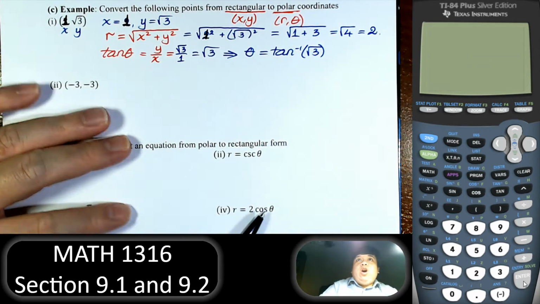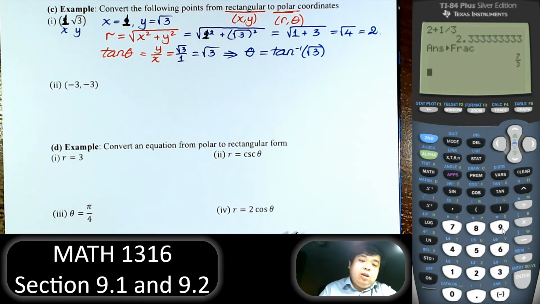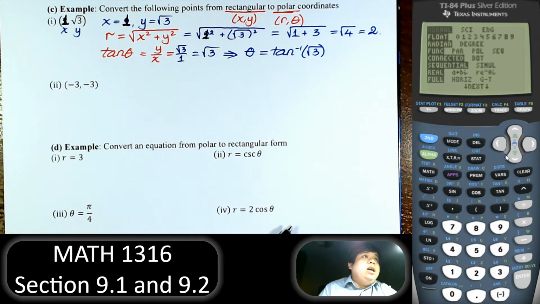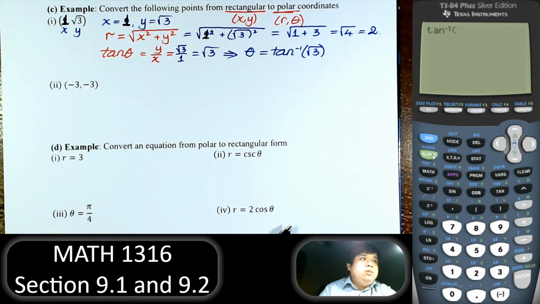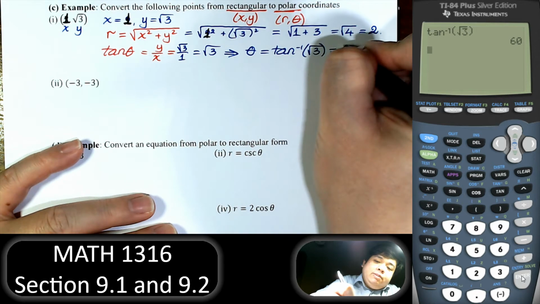Of course, in trigonometric functions, we may have tangent inverse and then plus pi k, because the period of tangent is pi. So we might add a pi to it or subtract a pi from it. But here, if we use the calculator to find the inverse, make sure it's in degree mode. That's 60 degrees, which is pi over 3.